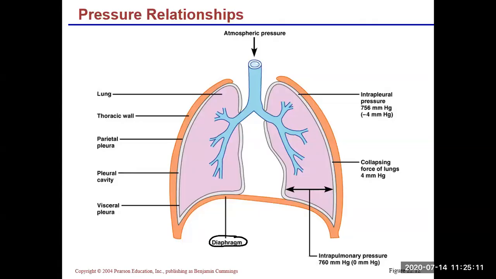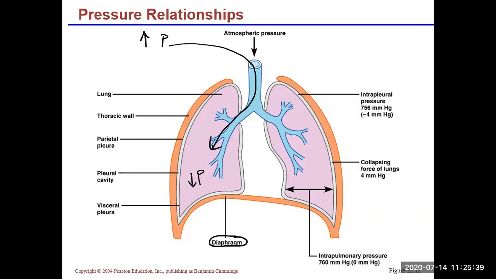In general, the idea is that the pressure always goes from high to low. If you have a high atmospheric pressure, so let's say 760 millimeters Hg, and you have a lower pressure inside of the lungs, the pressure goes from high to low. So that's the order in which they go.